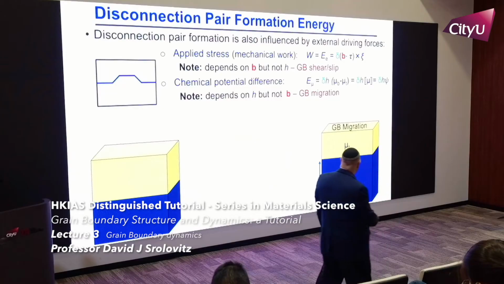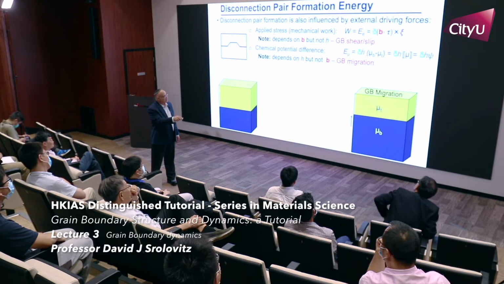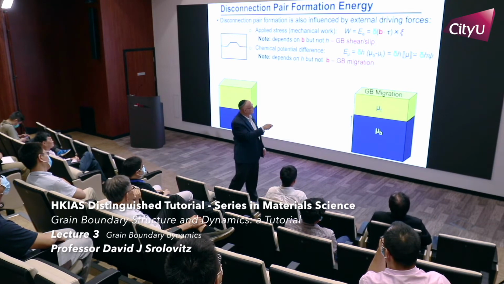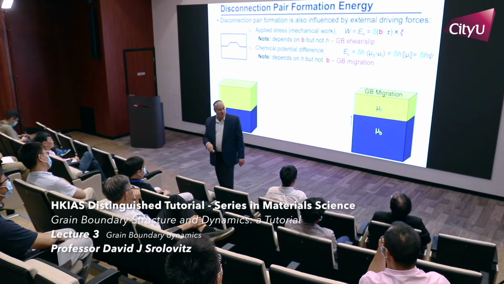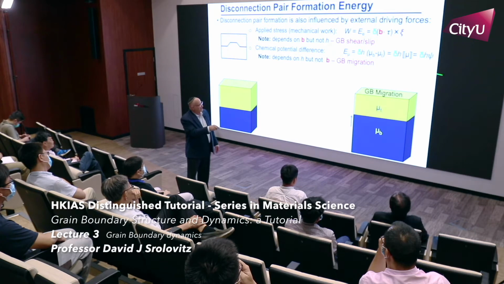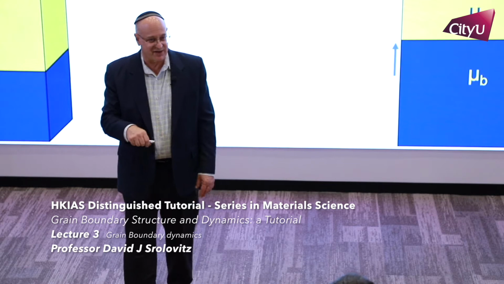Okay? Well, it's proportional to how far it moves up, how far the disconnections have moved sideways, so times the step height, the difference in chemical potential. If we do this the way a mechanician would do it, say it's just the jump in the chemical potential across the grain boundary, and we just call that jump psi. So this means the jump in chemical potential when you cross the boundary.